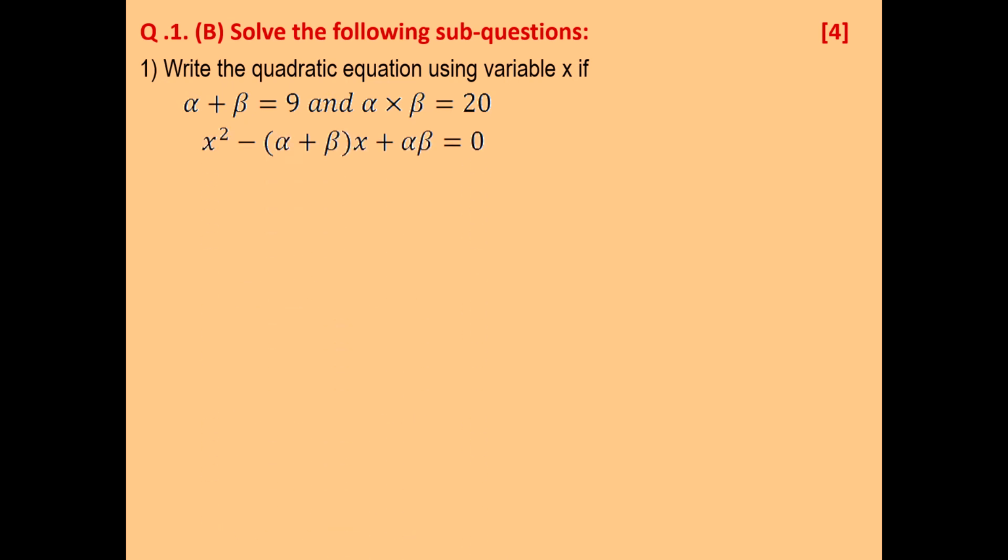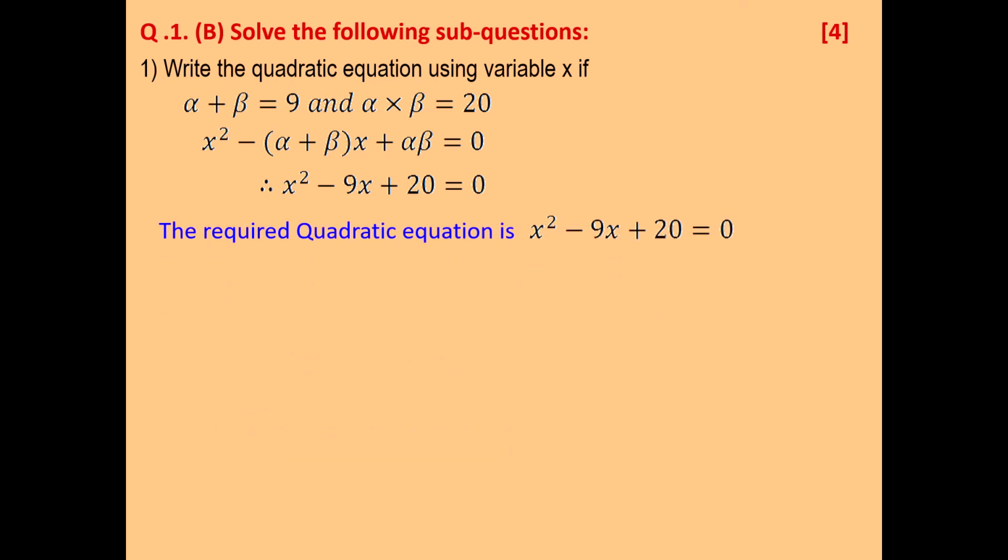The first step is: x square minus (alpha plus beta) into x plus alpha into beta equals 0. Compulsory statement, half marks you get here, and then you do substitution. x square minus 9x plus 20 equals 0. So the required quadratic equation is x square minus 9x plus 20 equals 0. This is the complete sum.